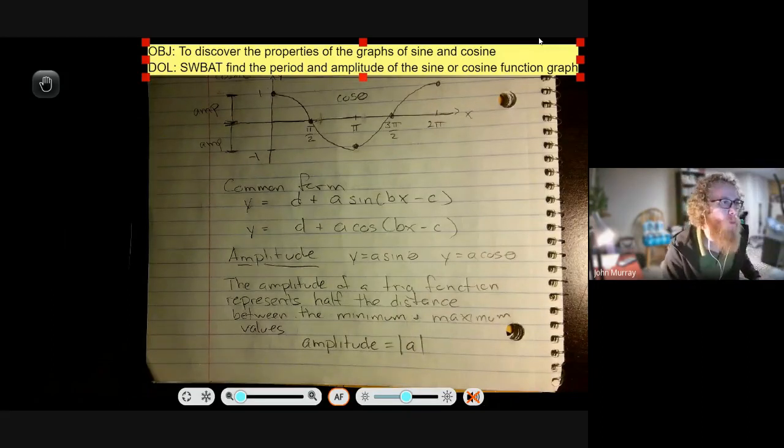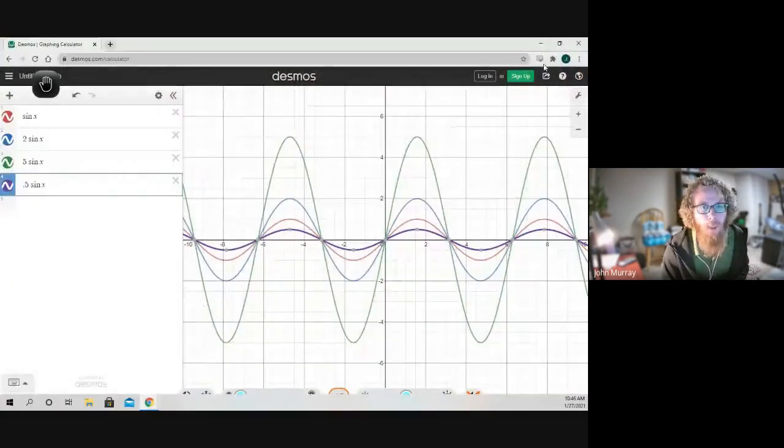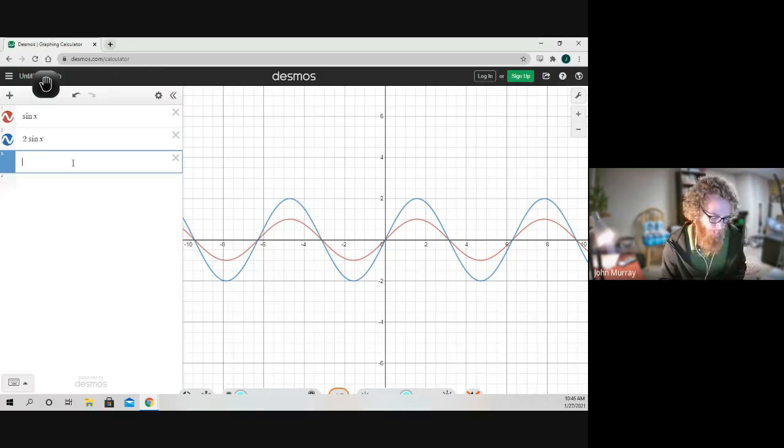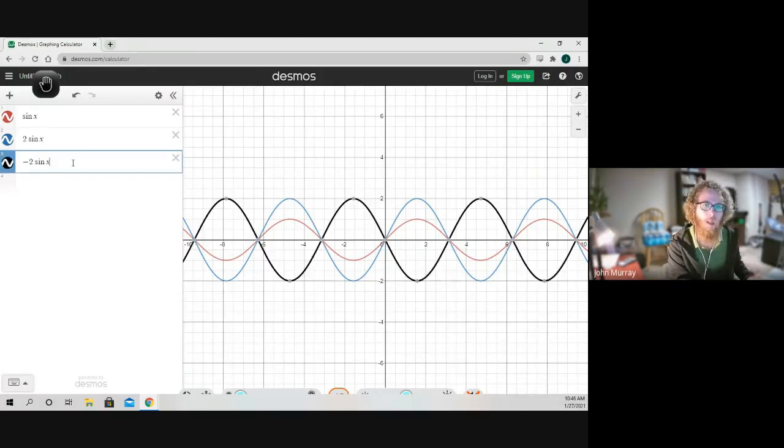Actually, real quick, let me show you what happens when we have a negative. You might be able to guess. I'll leave the 2 sine x up there. If I did -2 sine x, remember when we have a negative in front of our function, it's a reflection. So again, I still have the same period.